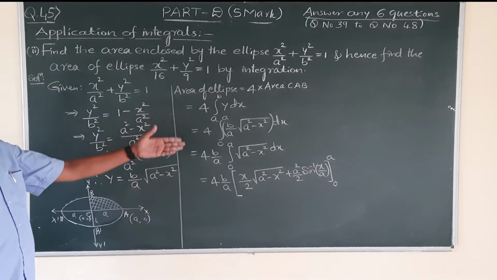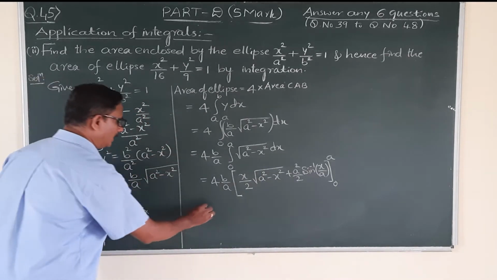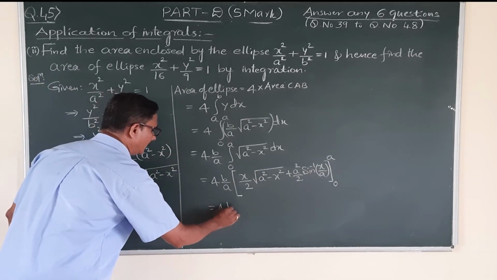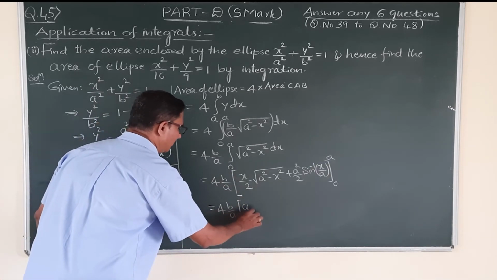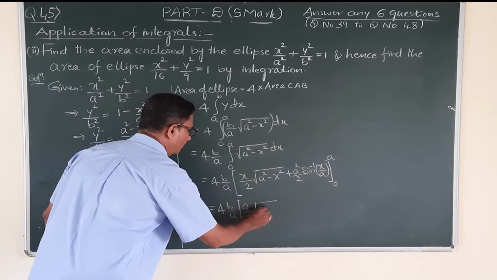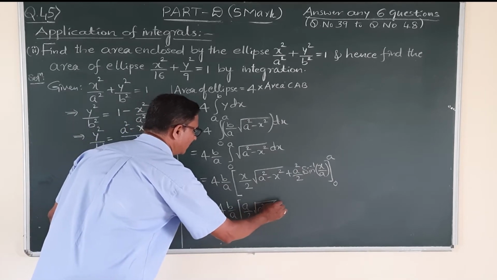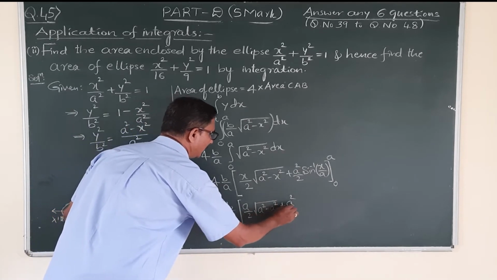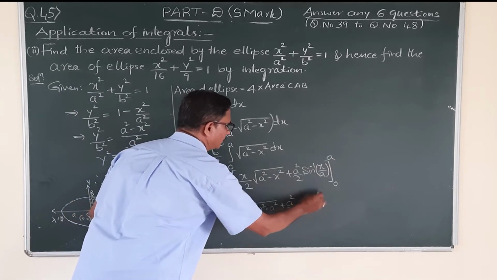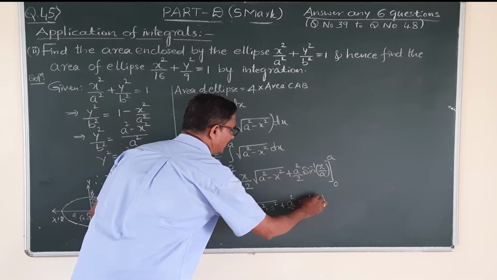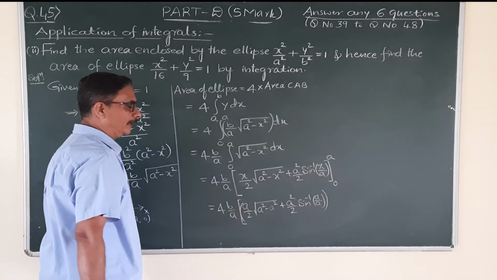Put x equal to the upper limit as well as x equal to the lower limit. So that is 4 times b by a. Put x equal to upper limit: a by 2 under root of a square minus a square plus a square by 2 sin inverse of x value a by a. This is the upper limit. Okay.